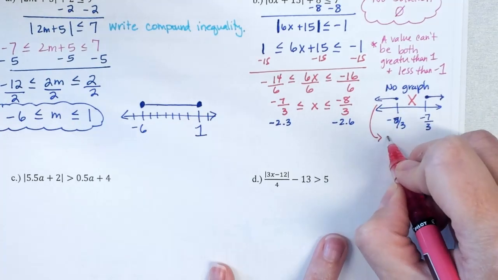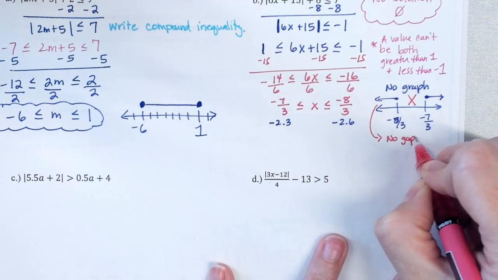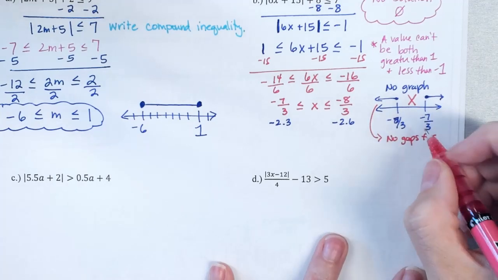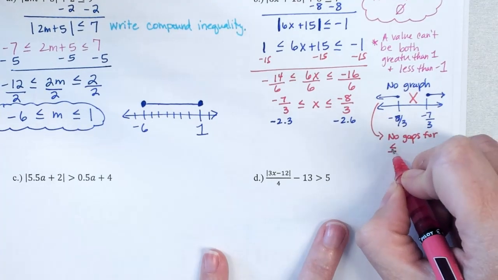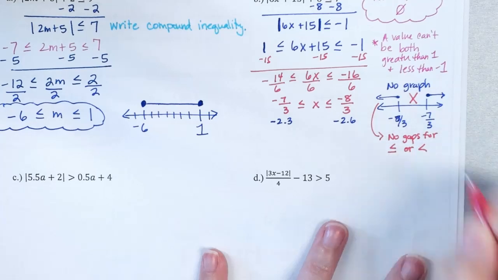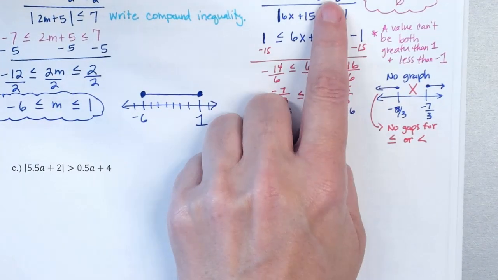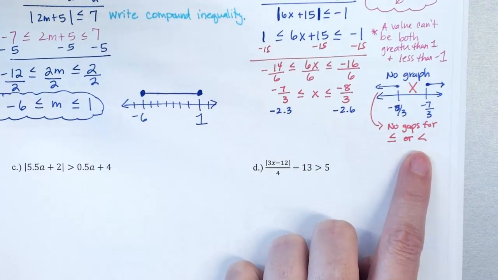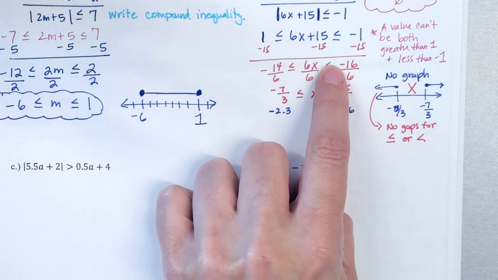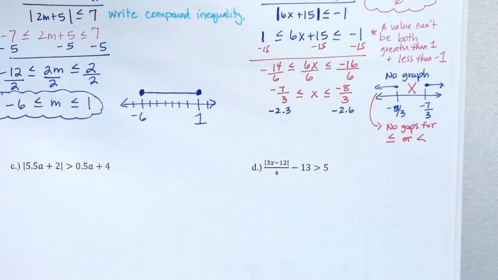So no gaps. If you have a less than or equal to situation or less than, you can't have that.